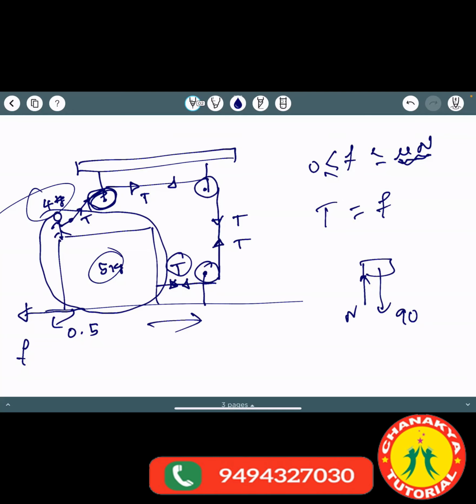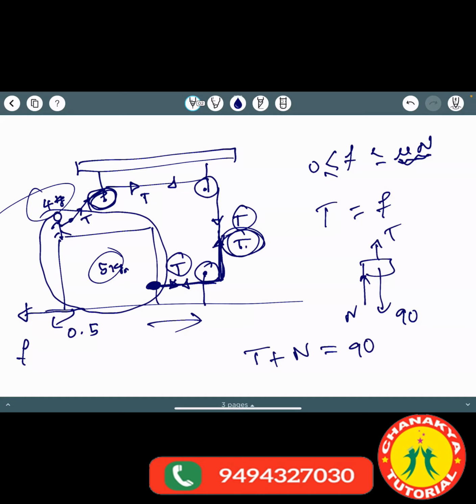What is that? Tension, right? Because finally this string is connected to this block. People forget to consider this T. This T is acting on this block both in horizontal and vertical direction, remember that. So my equation will be tension plus normal should be equal to 90. This is my first equation, correct?